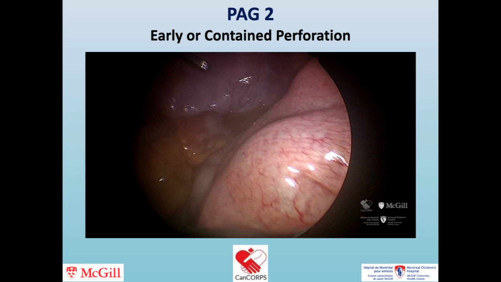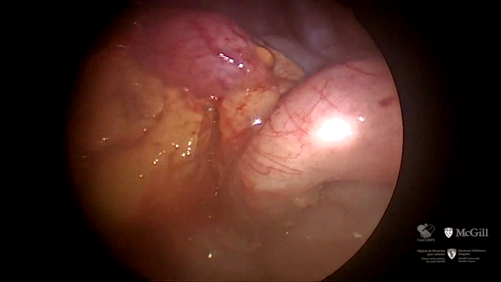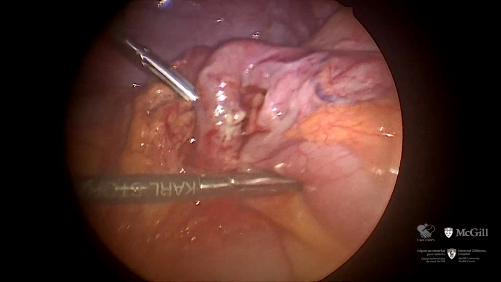This is an example of PAG 2, a contained perforation without abscess or generalized peritonitis. On entry into the abdomen, we see purulence in the pelvis.